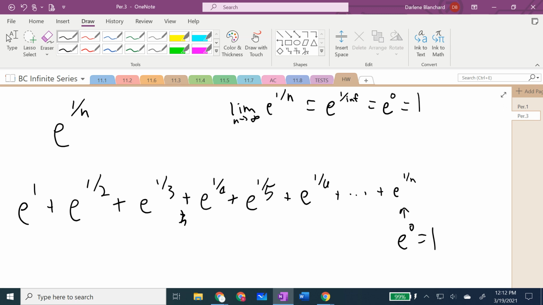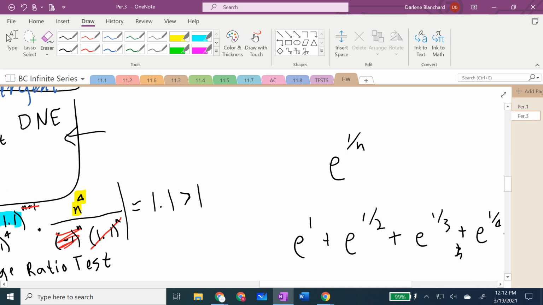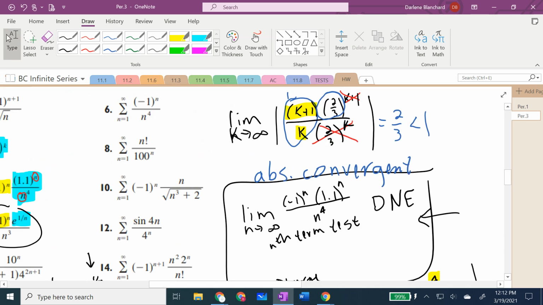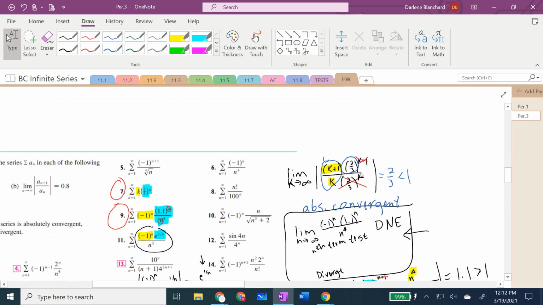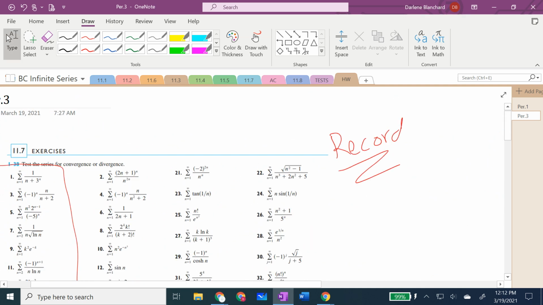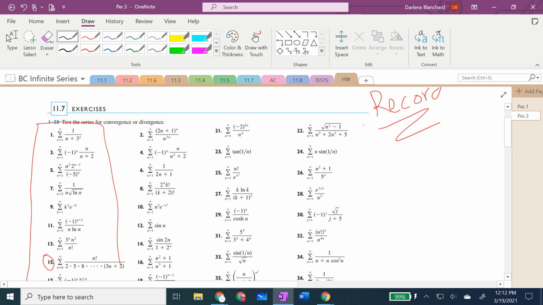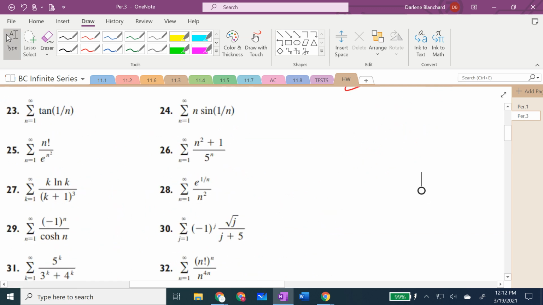Okay, now those were the problems you said you wanted to see from the section on absolute convergence and conditional convergence. So now let's talk about choosing tests.